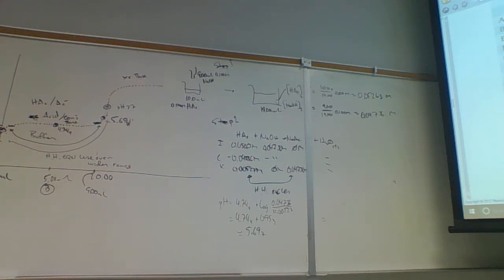So this is 4.744 plus the log of the ratio. Therefore, the log of this ratio is equal to 3.20 minus 4.744, which is negative 1.544.